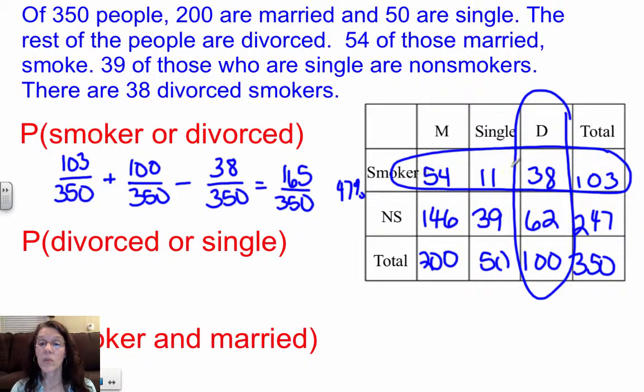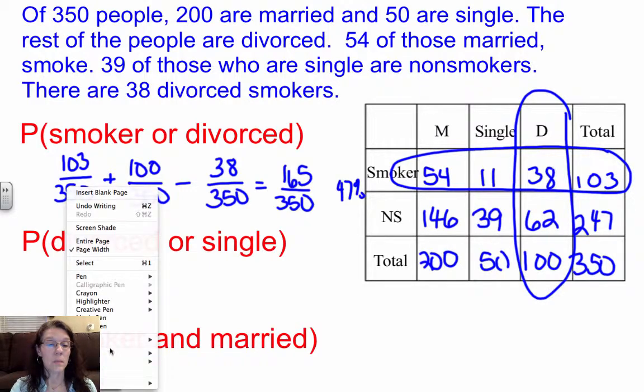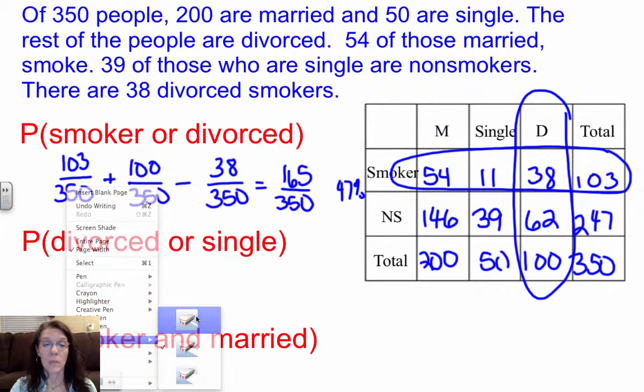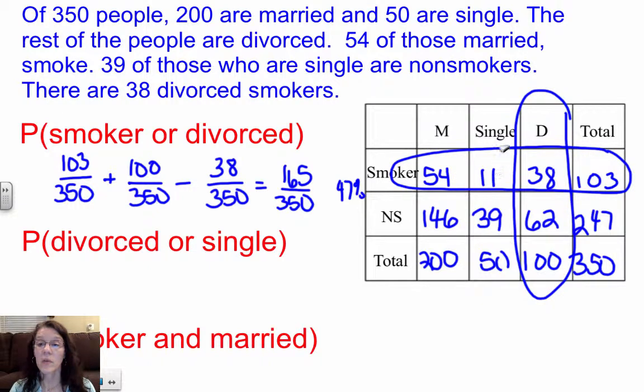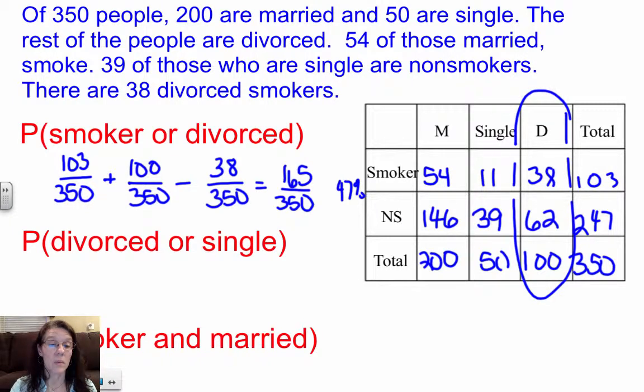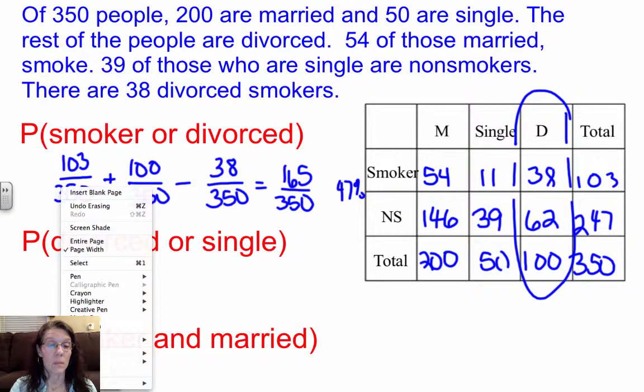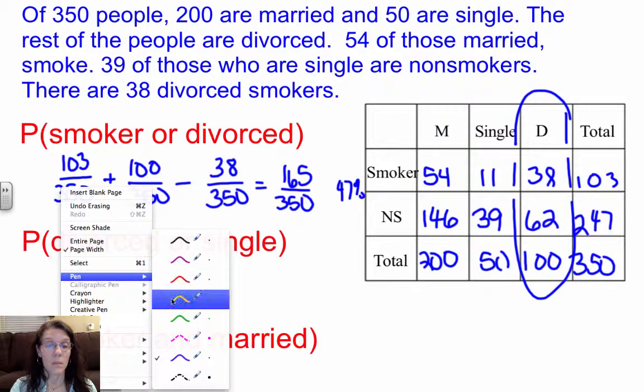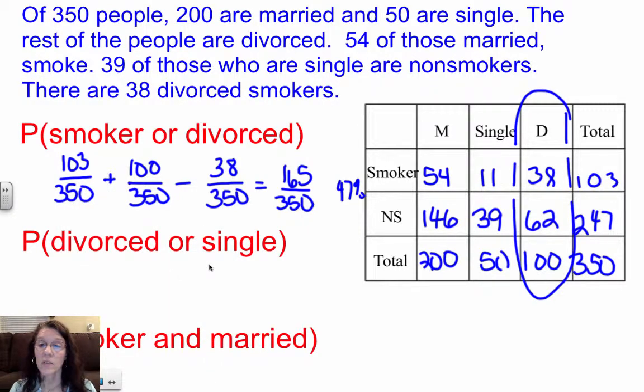What about divorced or single? Well, let's think about that. Okay, so we don't need this column anymore. We need the divorced or the single columns. All right, so we've got the divorced circled already, and then we've got the singles.